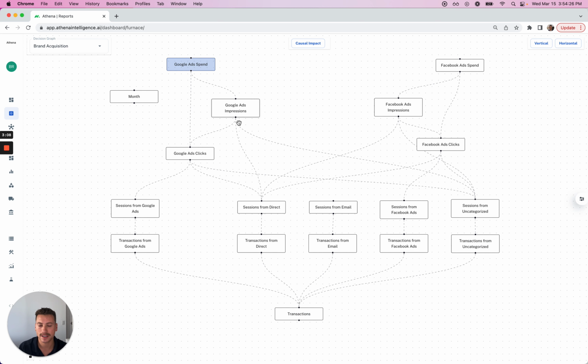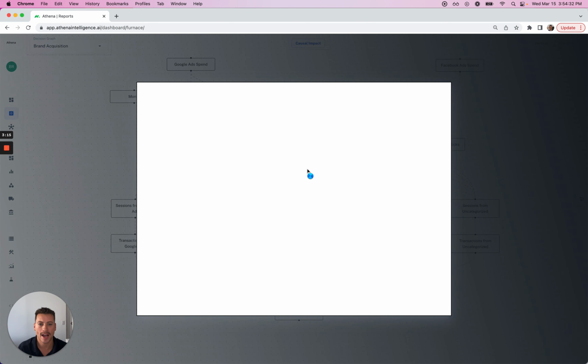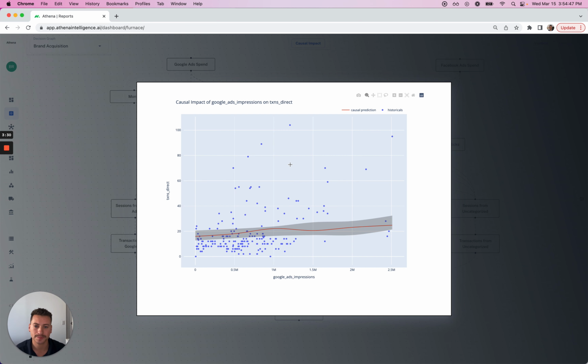We're able to see what impressions against direct traffic looks like. As we are able to buy more impressions, what do we expect the resulting causal impact to be for transactions that are attributable to people searching for the website and not directly through Google Ads?